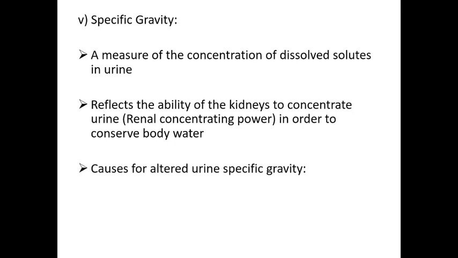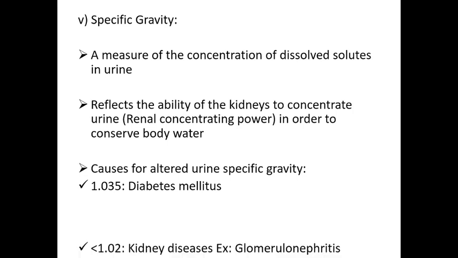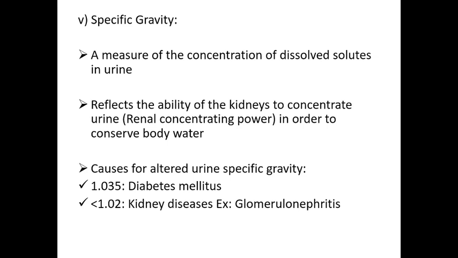So what are the causes for altered specific gravity in urine? Now, in diabetes mellitus, what happens is the person loses glucose in urine. So that means the amount of solutes in urine is high, so the specific gravity increases. It will be around 1.035. Now in kidney diseases like glomerulonephritis, it will be less than 1.02.